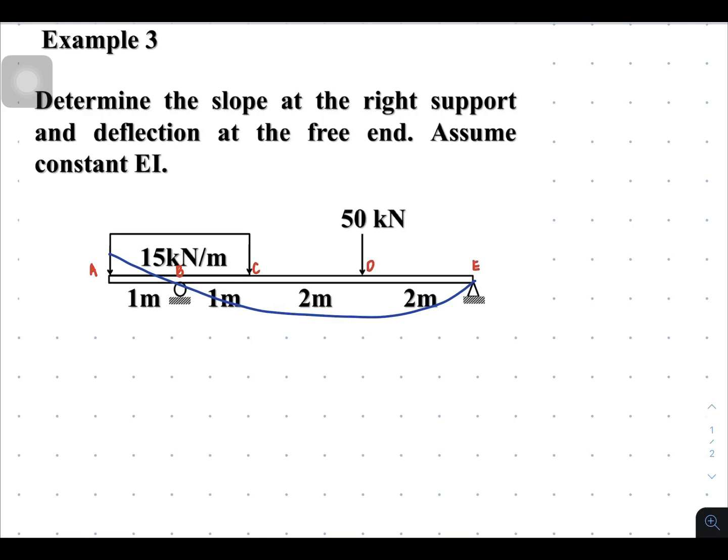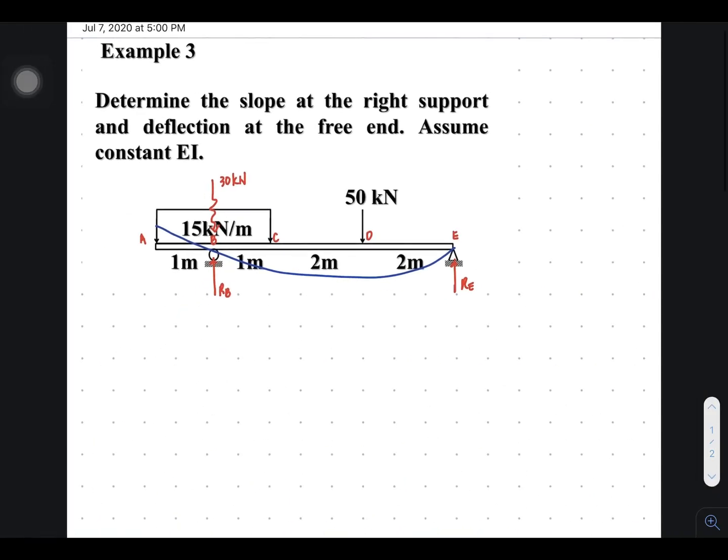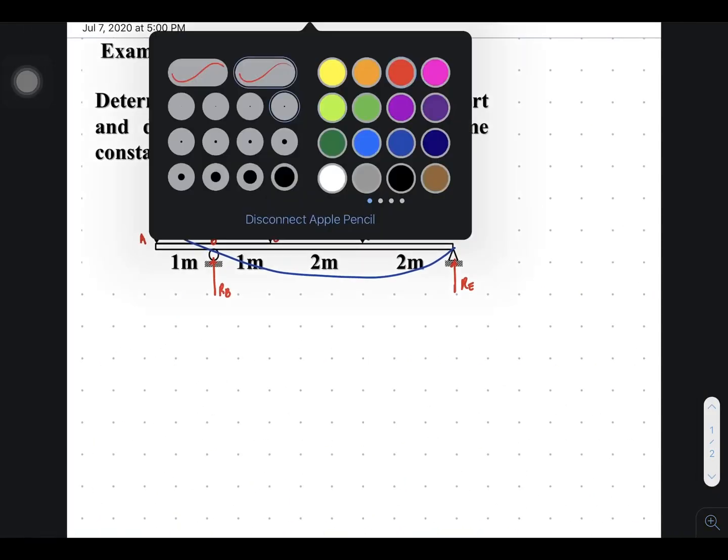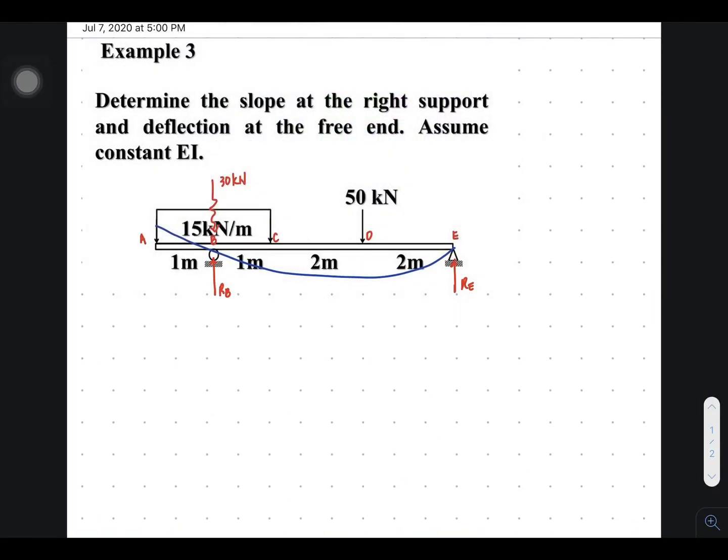Then let's solve for this resultant. This is 15 times 2, 30 kilonewtons. And I'll have here RB and RE. So let's solve for the reaction. Summation of moment about point E equal to 0.